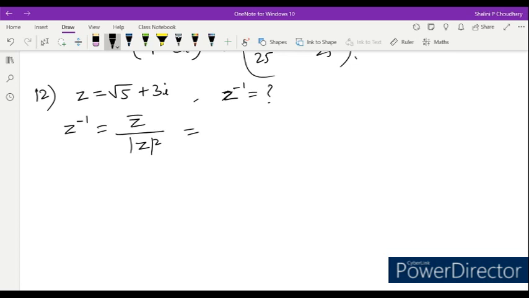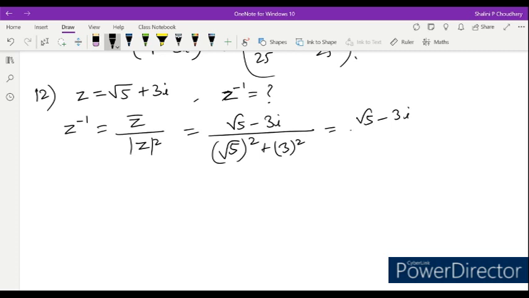The conjugate of z will be square root of 5 minus 3i divided by modulus of z square. So that will be equal to square root of 5 whole square plus 3 whole square. It means square root of 5 minus 3i divided by 5 plus 9, which is 14.